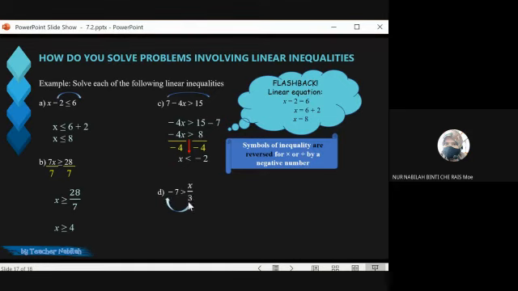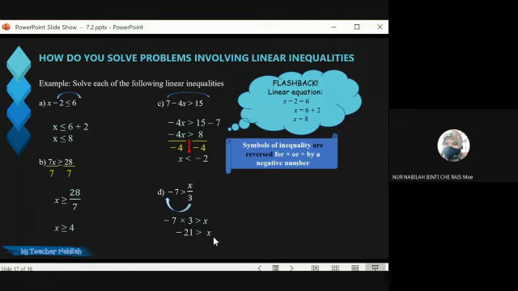Over 3 means divide. So when I move to this side, it will become times. So negative 7 times 3, and then on the right side, only x. So negative 7 times 3 equals negative 21. Negative 21 more than x.